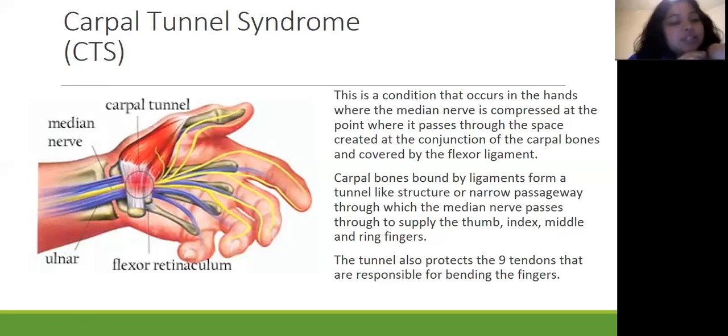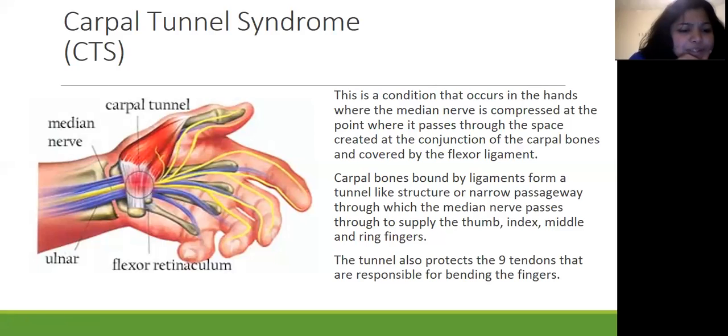For instance, if you look at your hands and see this indent between these two sort of molehills, this part that you can actually palpate right here is that ligament. The ligament covers and creates a tunnel through which this median nerve passes, as well as 9 of the tendons that help to move your fingers.